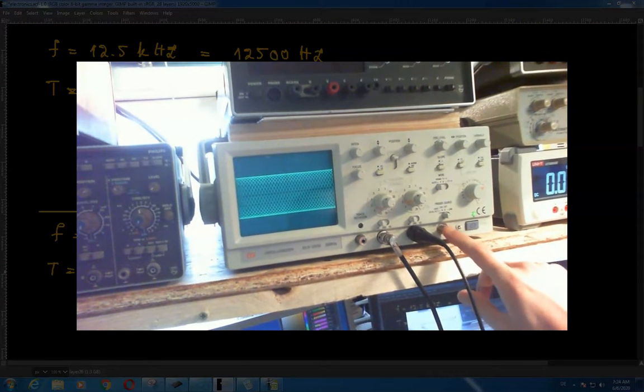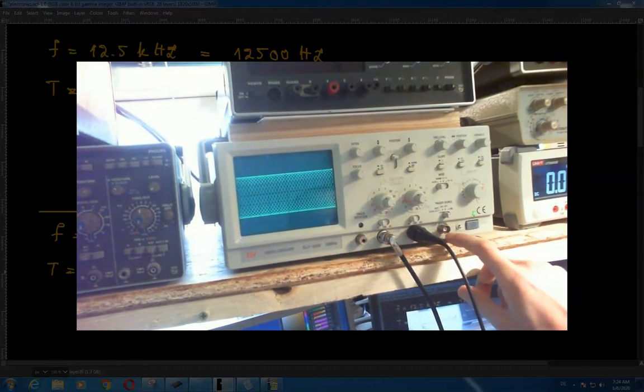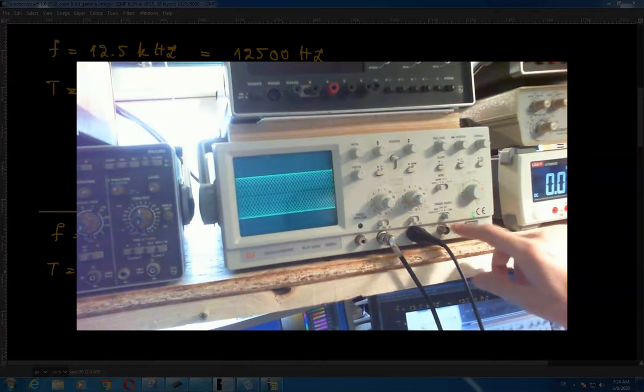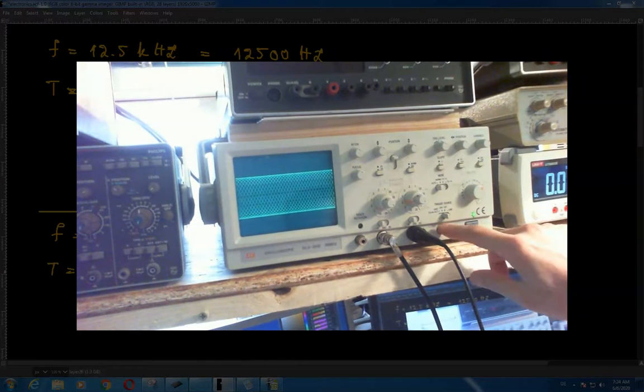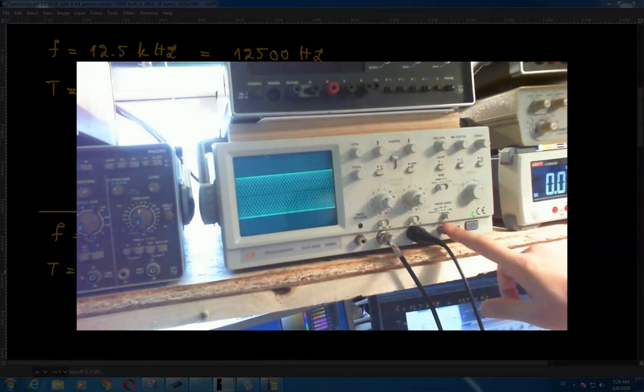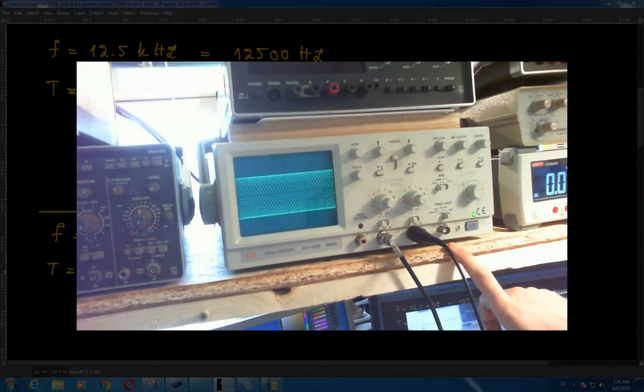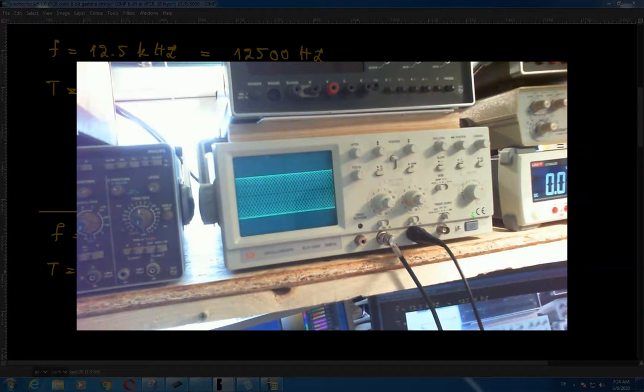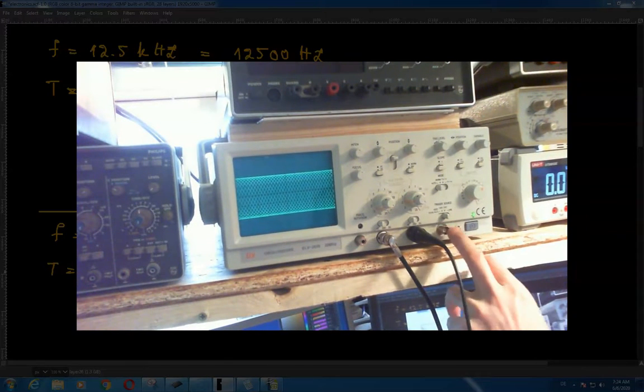For example, you trigger on this thing over here. Using a signal generator, you can inject some signal over here, and then you need to know what sort of signal, of course, to inject in here. I don't really know what sort of signal you need in order to trigger this.